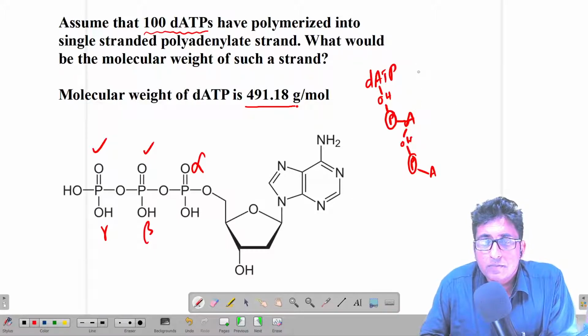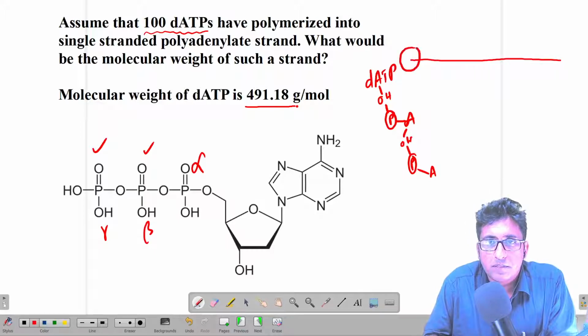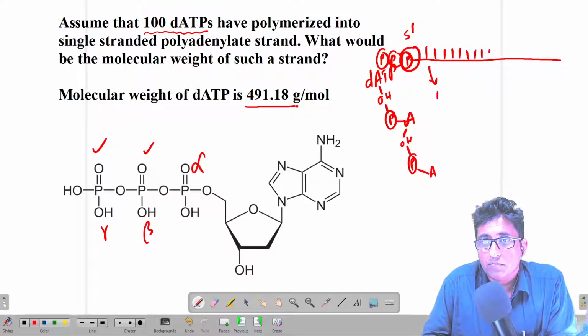In essence, to solve this question, all we need to consider is that the first dATP would be a triphosphate. On the 5 prime side, we would have 3 phosphate groups, which wouldn't have been lost. For every other subsequent dATP, there would have been a release of pyrophosphate groups.